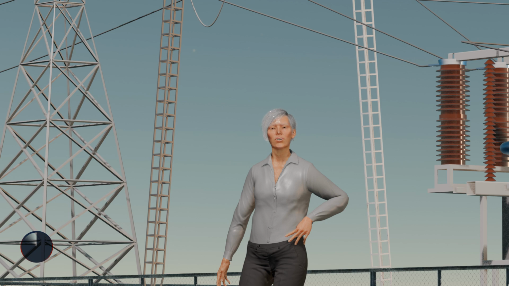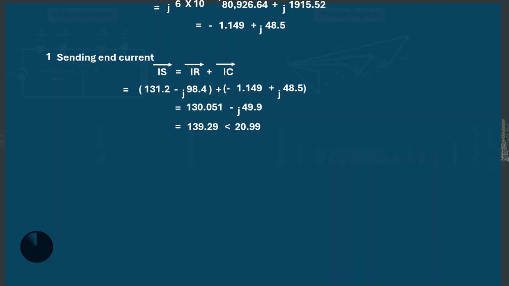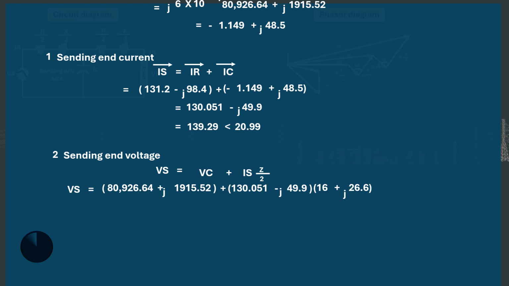For the sending end voltage Vs, we will be using equation 7. Again, this is equal to the voltage across the capacitor V1 plus the sending end current IS multiplied by impedance all over 2, that is 80,926.64 plus j15.52 plus 130.051 minus j49.9 multiplied by 16 plus j26.6.